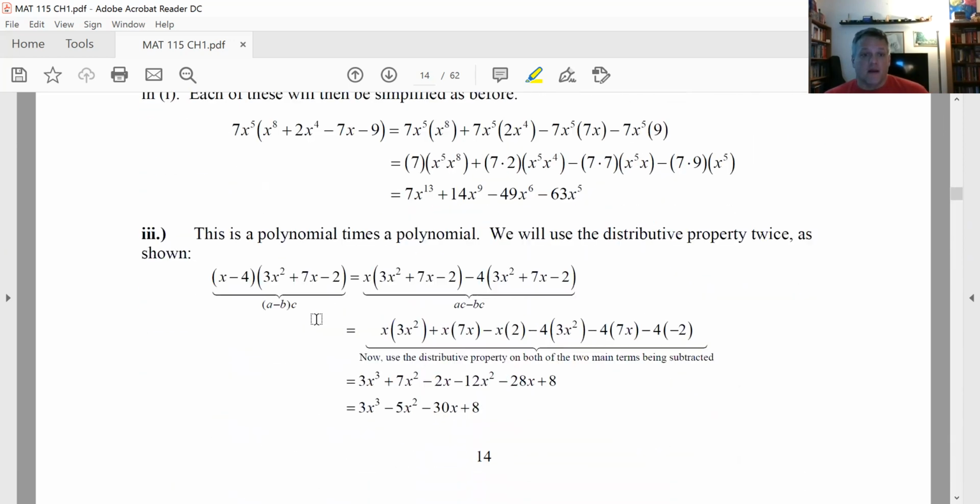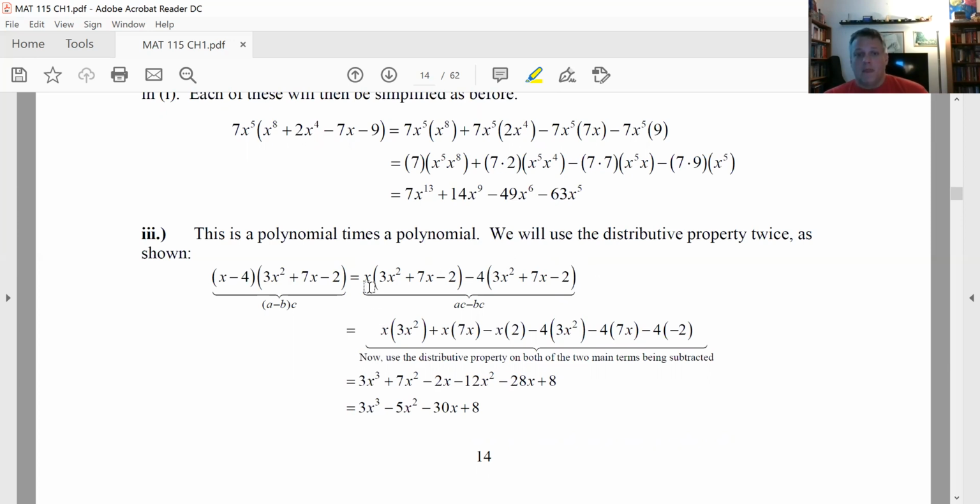And so here, I have an x minus 4 times that trinomial. So I'm going to multiply everything in that trinomial times the x, and everything in that trinomial times the minus 4 to get these two pieces. But now each of these pieces is just like it was in the previous example. You have a monomial times a sum, monomial times a sum.